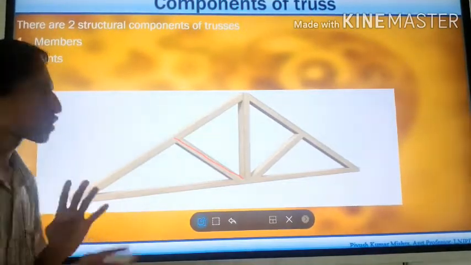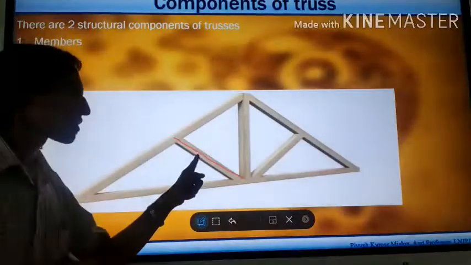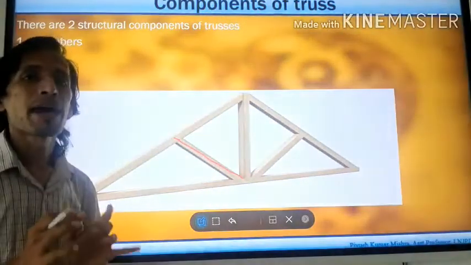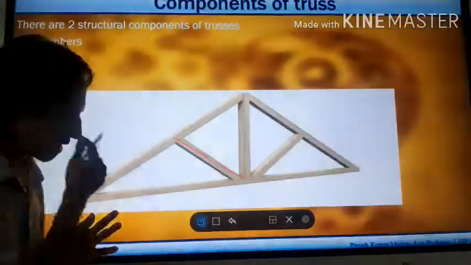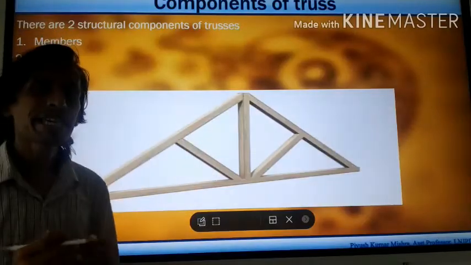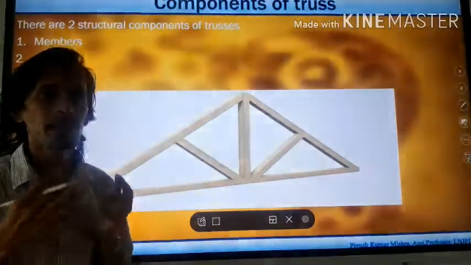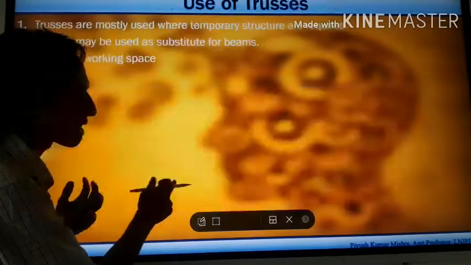Now you don't want to solve the whole truss, you just want the answer for this. In such situations, the method of section will be very helpful to you. These things you will realize once you practice multiple questions. This will come to you after some practice.